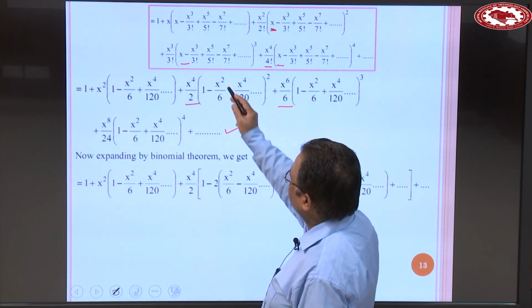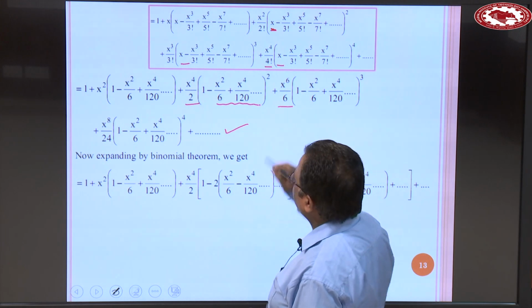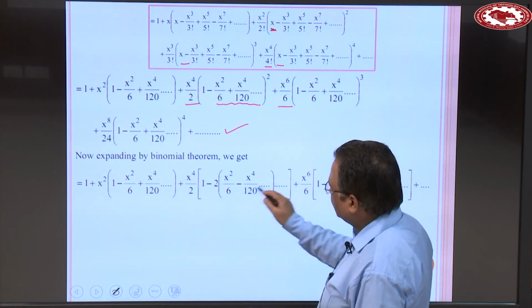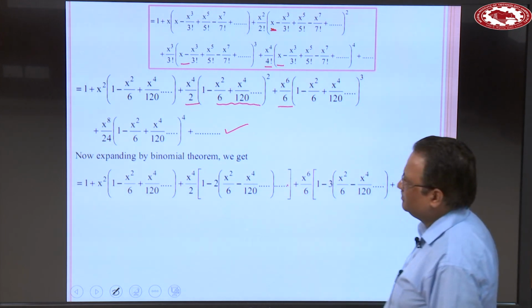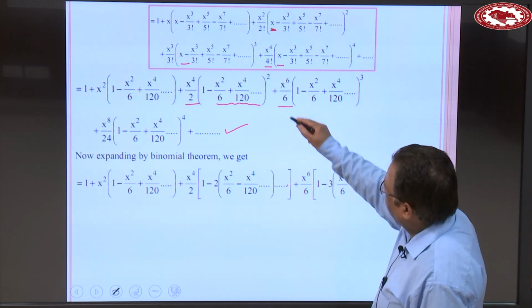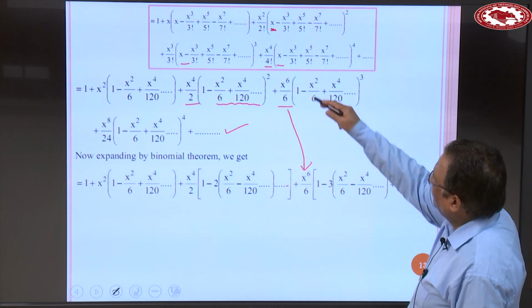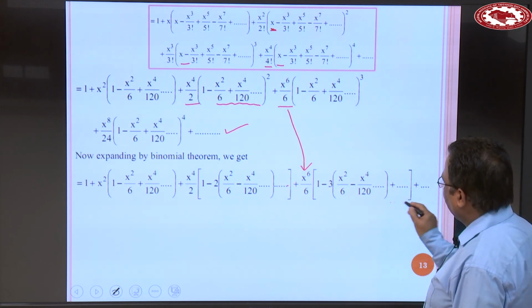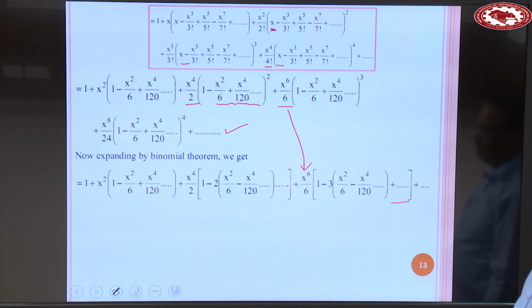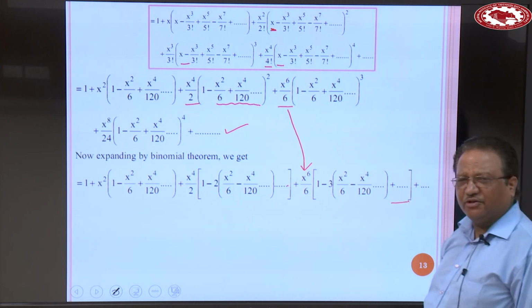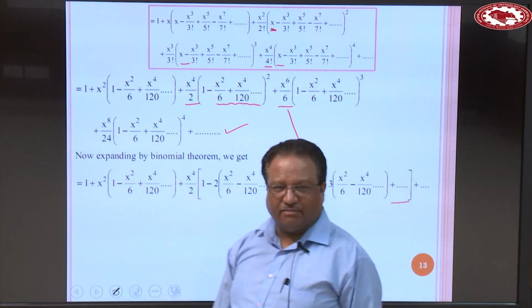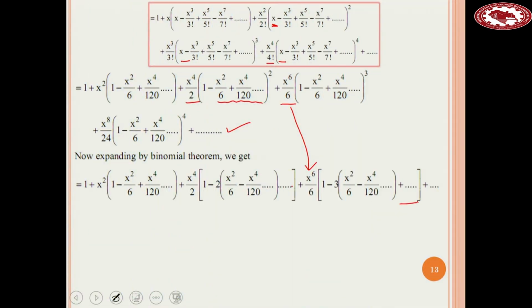Now 1 minus this term means 1 minus 2 times this bracket term plus and so on, plus x6 over 6, 1 minus, by binomial theorem 3 times this bracket term and so on. We do not need to write further terms, because the coefficient we need is up to x raised power 6. So ignore all next terms.